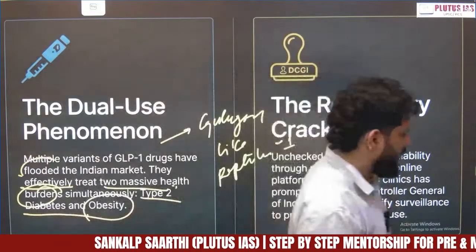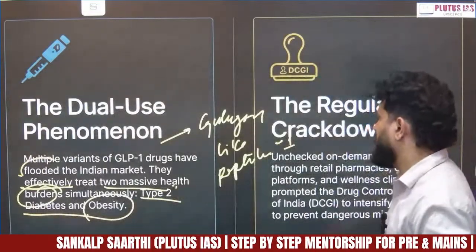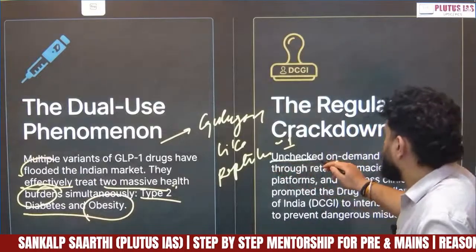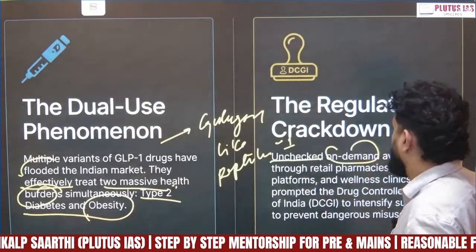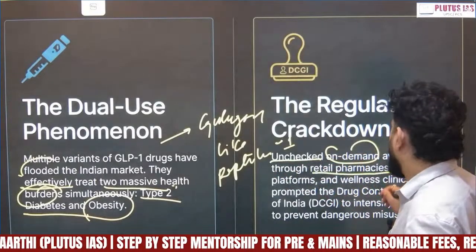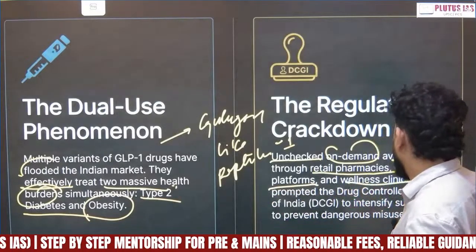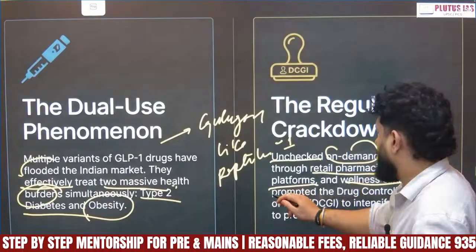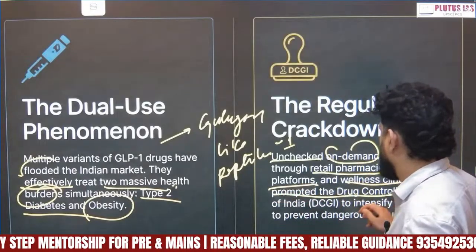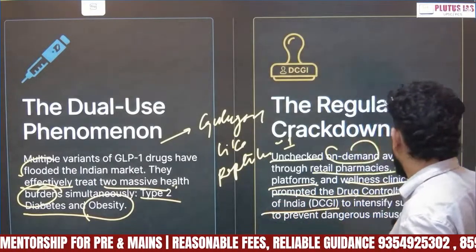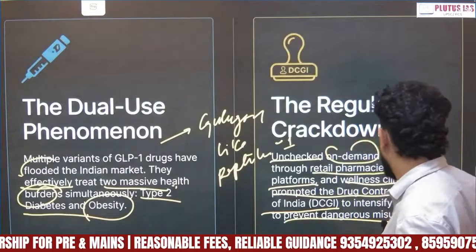And the regulatory crackdown is what? Unchecked on-demand availability through retail pharmacists, online platforms, and wellness clinics has prompted the Drug Controller General of India to intensify surveillance to prevent dangerous misuse.